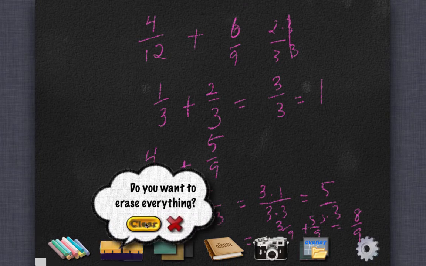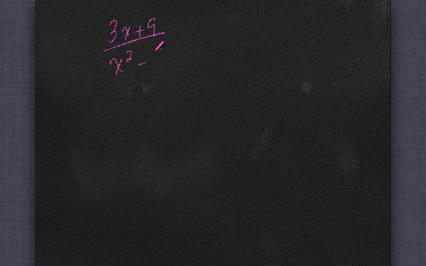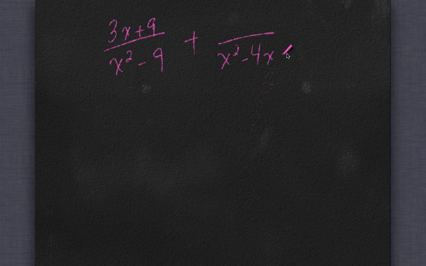So we have a similar circumstance with the rational. We have, say, 3x plus 9 over x squared minus 9. I'm just doing this to save time on the factoring for the purpose of the video. So let's say this is x squared minus 4x plus 1.